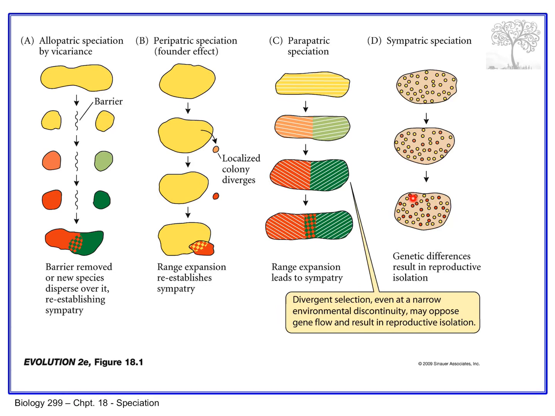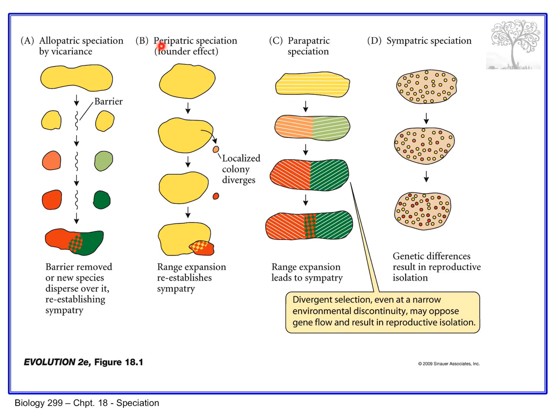There's no physical barriers whatsoever. It's not allopatric, it's not parapatric. You have a new species evolving from an ancestral species right in the midst of the range of the ancestral species. Again, that one is somewhat controversial. If it does happen, it's thought to be more prevalent in plants because of some of the ways that they can reproduce. For example, self-fertilization, which animals typically can't.